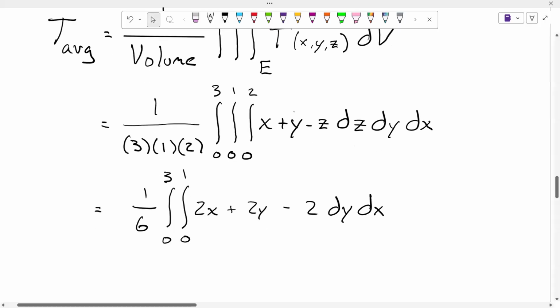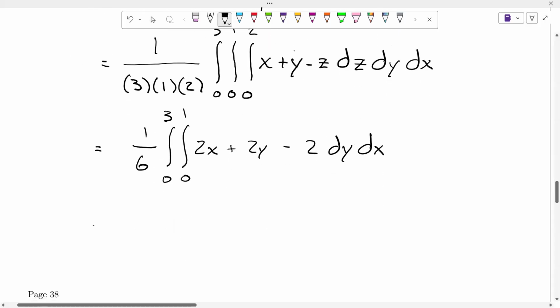And then I can do a dy integral. So this will be still that 1 over 6. 2xy from 0 to 1 will be just 2x, plus 2y squared over 2, this is just y squared, from 0 to 1 is 1. And 2y from 0 to 1 is just 2 again. dx, we're still going from 0 to 3.